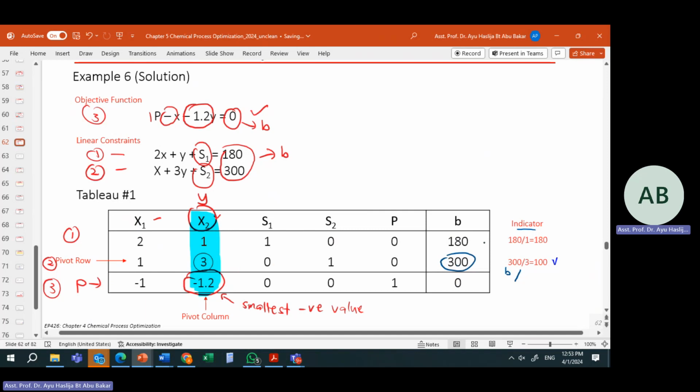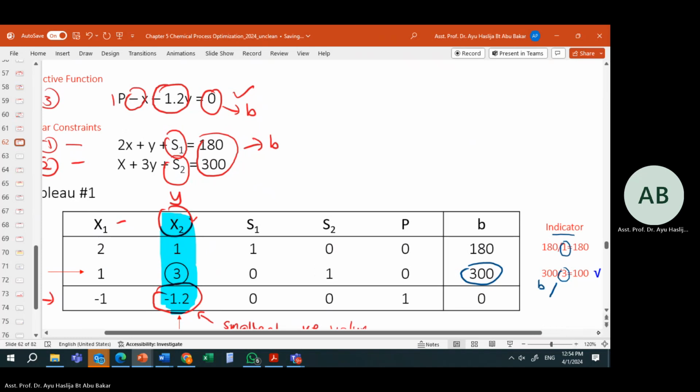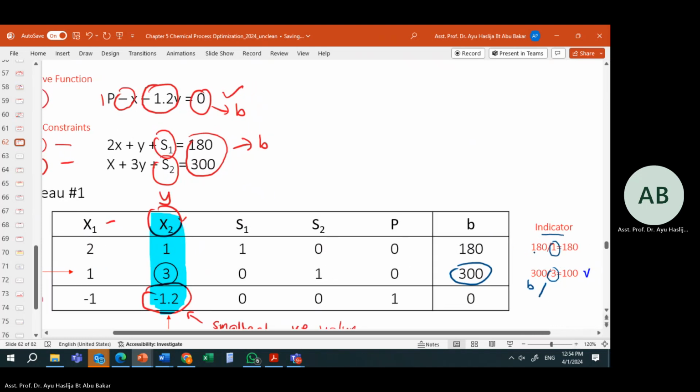Here, this row is 3, the first row is 1. Then take the lowest value from the operation, which is the 100.